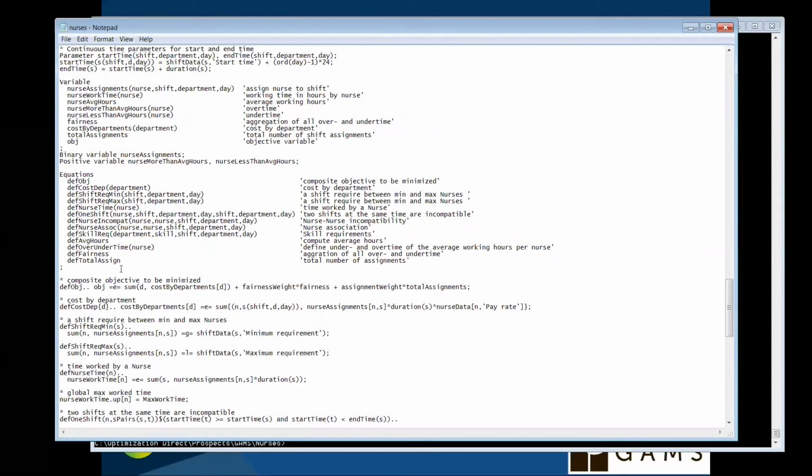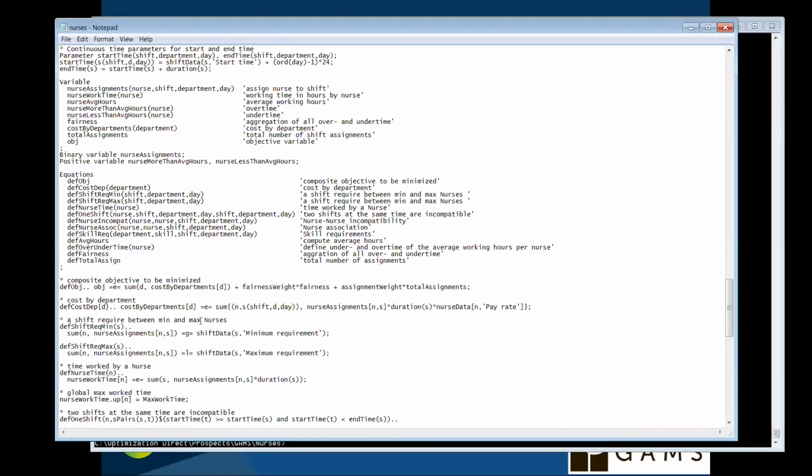Now, the idea is to minimize costs, basically, but including a weight for the fairness of the assignment and the total number of assignments. We want, ideally, to start the hospital with as few assignments as possible. That's the kind of simpler solution.